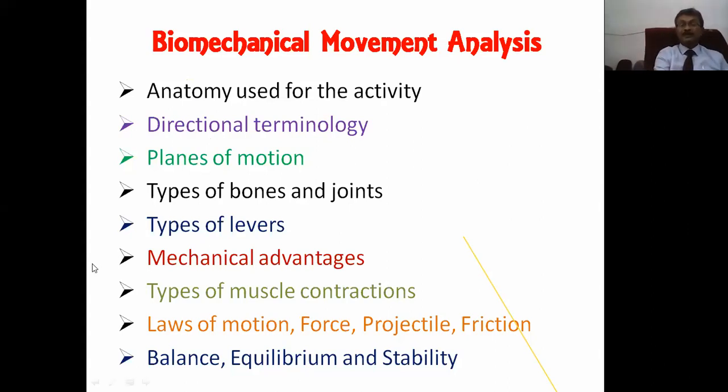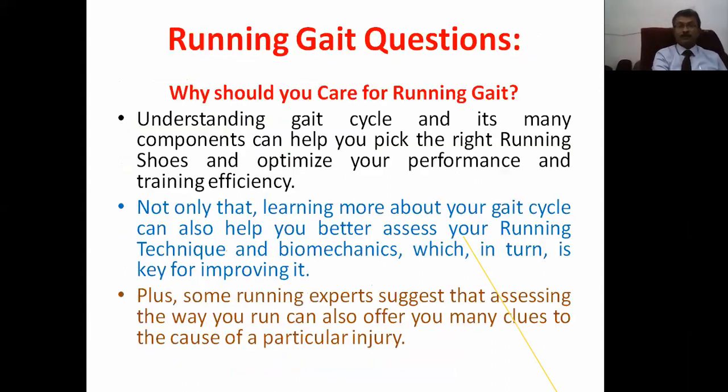Then the types of lever, which again plays a vital role. When to use the long lever and when to use the small lever. Then the mechanical advantages of the levers, the types of muscle contraction, then the laws of motion, force, projectile, friction, balance, equilibrium, and stability, and whatnot.